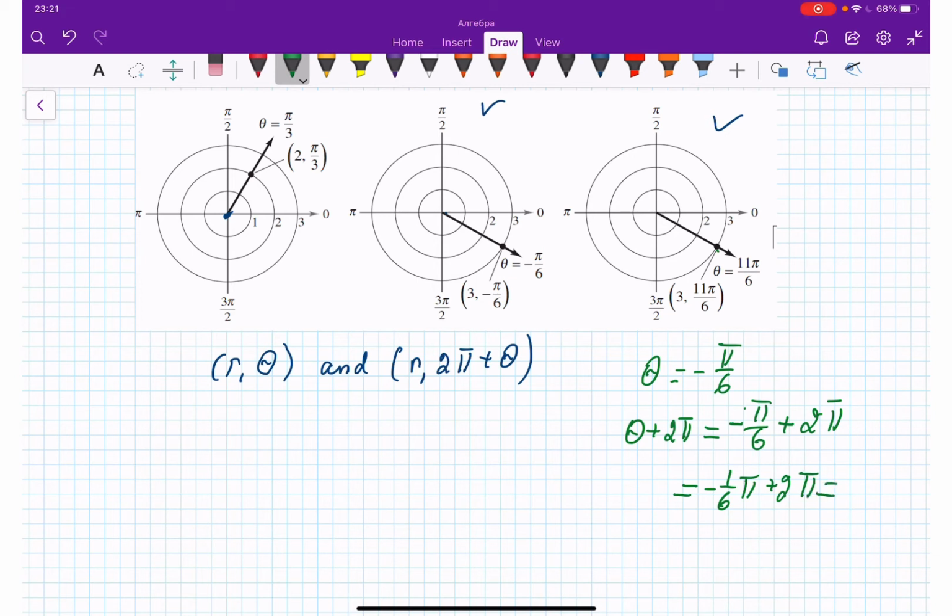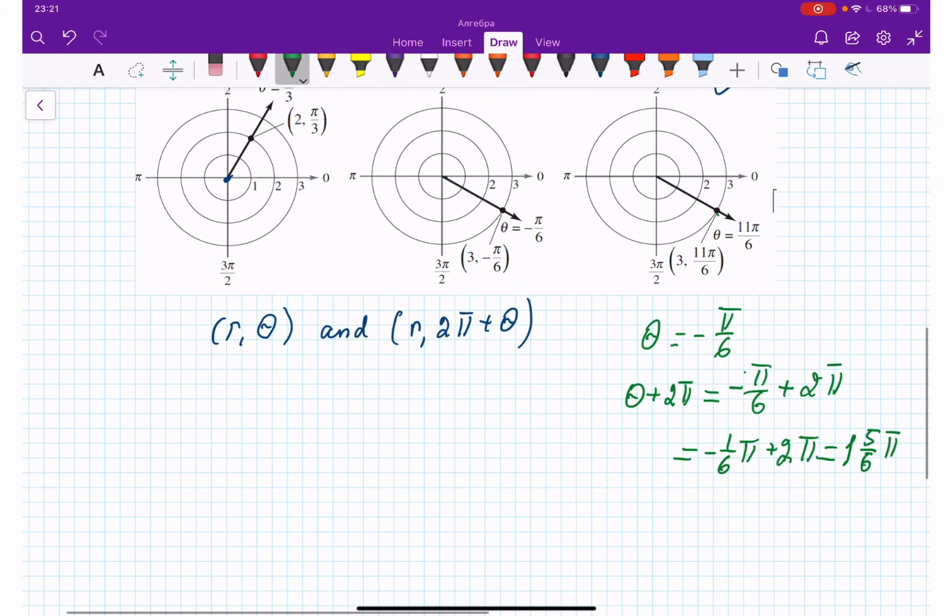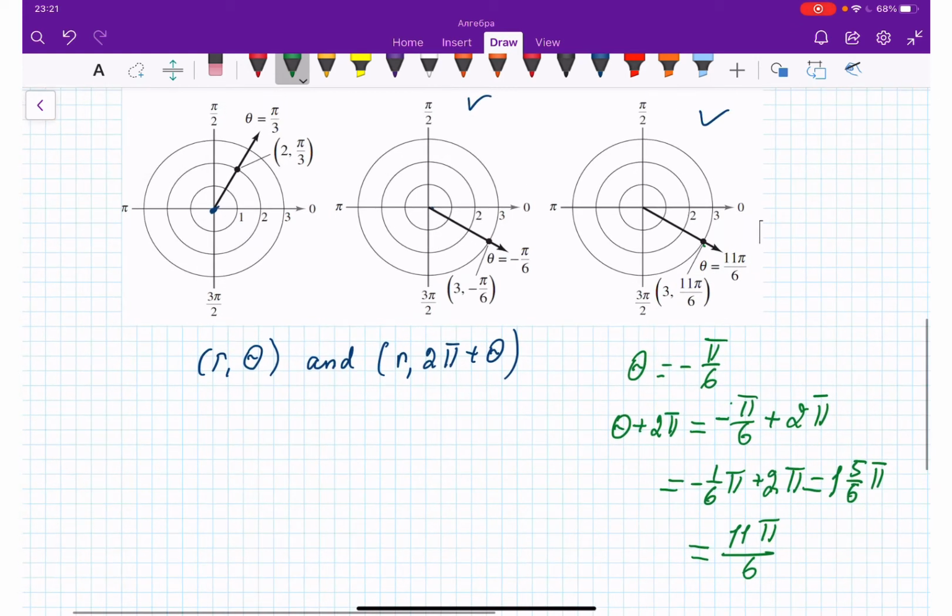It's going to be 2 minus 1/6, it's going to be 1 and 5 over 6 pi. So if I convert into an improper fraction, I'm getting 11 pi over 6. And here we go. So negative pi over 6 and positive 11 pi over 6 have the same position, right? Okay.